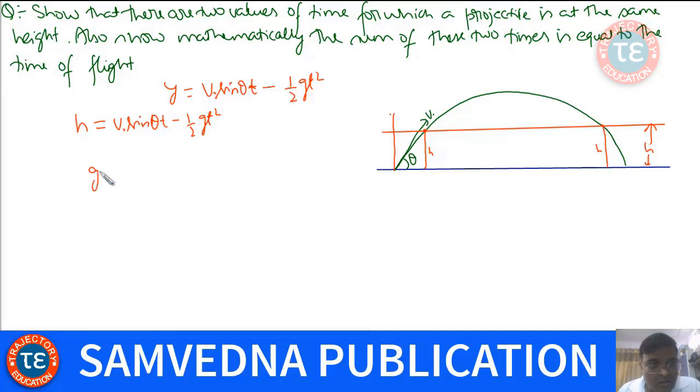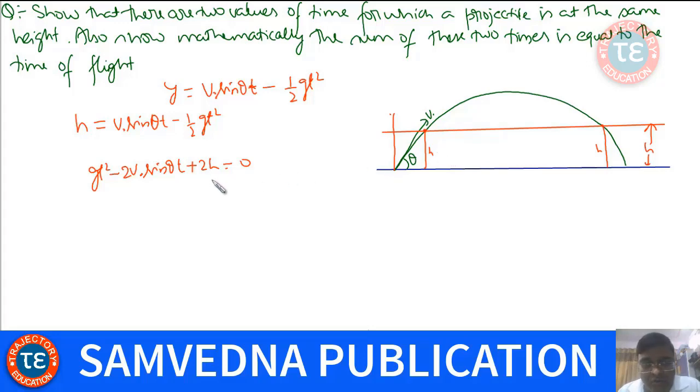So this is g t square minus 2 V0 sine theta t, alright, plus 2h equal to 0, and the time instant at which the body lies at this height h will satisfy this equation, or you can say the roots of this equation will give you the time instants at which the body will be lying at height h.